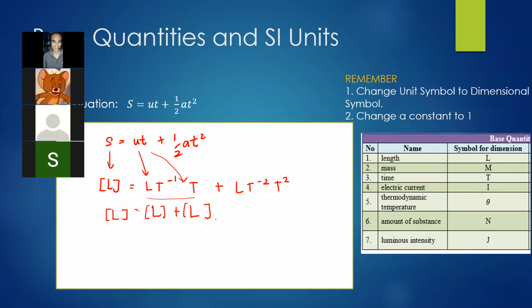So this is correct, or we call it dimensionally consistent, because this is L, this is also L and this is also L. You don't need to add both of the L. But if you see that this is L equals L plus T, this is wrong.